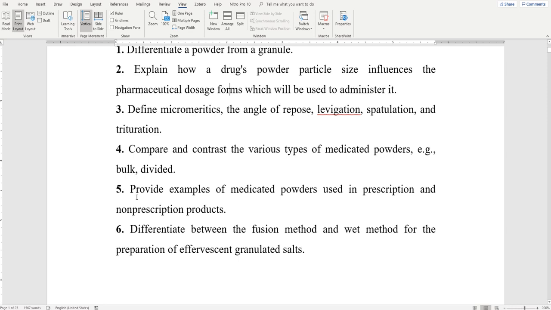Also, as an outcome, you are supposed to differentiate between fusion method, and this is a method of preparation, and another method of preparation is wet method, in the preparation of effervescent salts. And here we are talking about the preparation that cause reaction when you put this preparation or the granules in a glass of water.